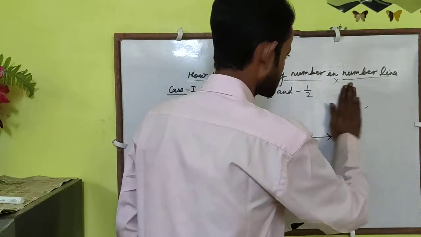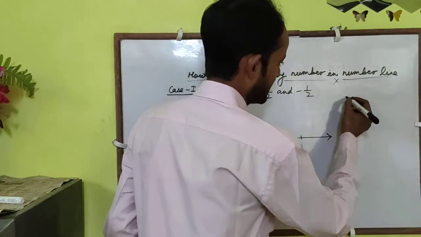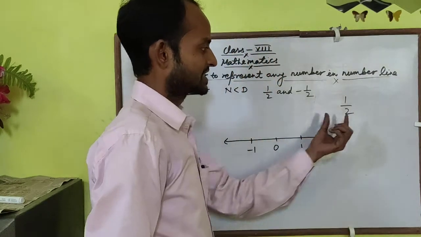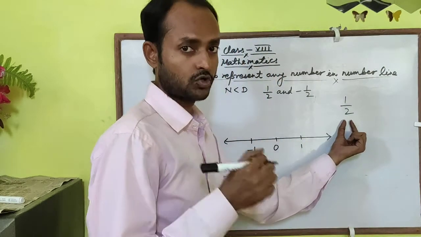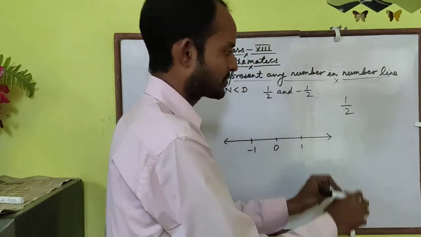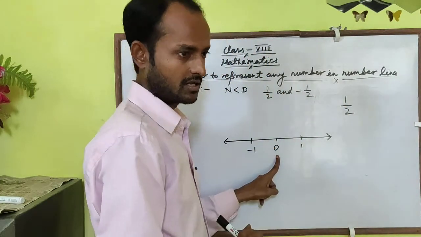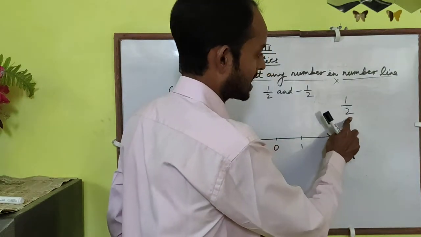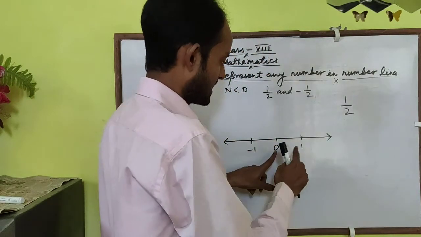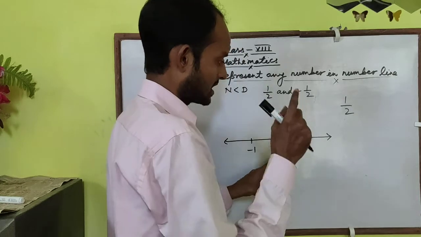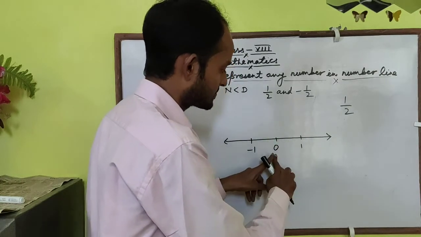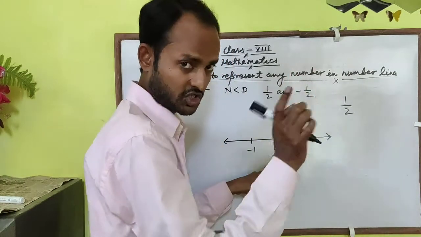Now, taking 1/2. What does 1 say and what does 2 say? 2 says we have to divide this interval into two equal parts. The denominator always says we have to consider two equal parts between 0 and 1 because it is a positive number.